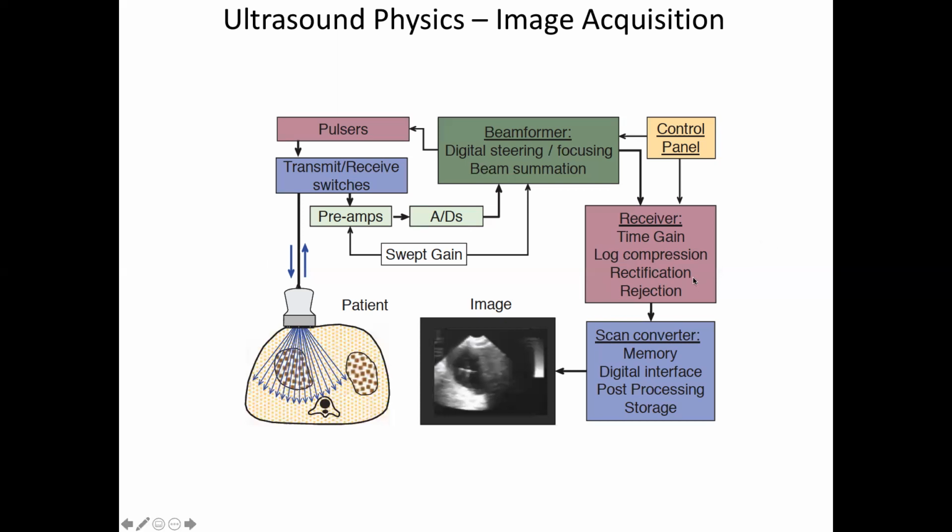Oh, here's the rectification. I'm sorry, I said rectification was here. Rectification and rejection. So you would reject a potential echo coming back if it's below a certain threshold, right? You just say, look, it's equally probable that was noise versus a true interface. I'll reject that one.